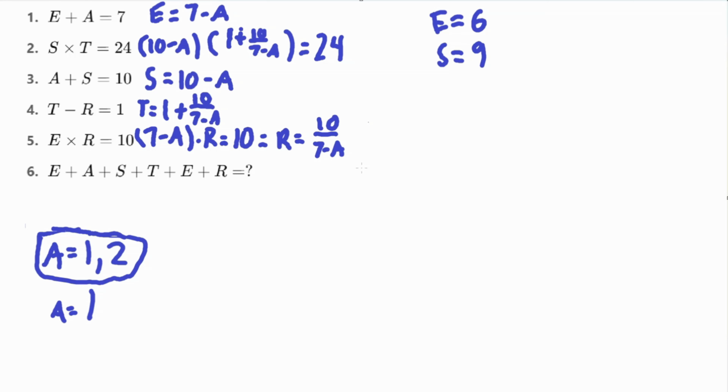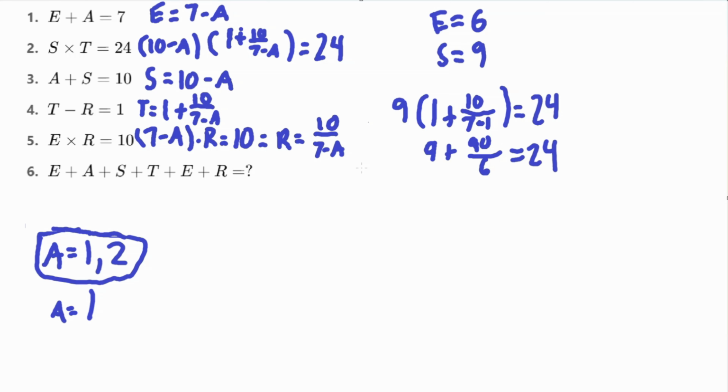So then if we plug it into s times t is equal to 24, we know that s is 9, times 1 plus 10 over 7 minus 1 equal to 24. We get 9 times 1 plus 10 over 6 equals 24. However, when we do this, we're going to get a fraction value, and we want our answer to be composed of only integers, right? So that's why that 1 will not work if we only want integers.